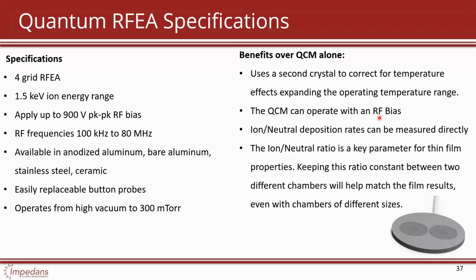So if you just get an off-the-shelf quartz crystal and you try to operate it with RF in the chamber, you have a lot of trouble. We've solved all that RF side of things. It's shielded. We have electronics that can pull out the signal. So this works well in RF environments. And as I said, it can measure the ion and neutral deposition rates directly and get the ion neutral ratio.